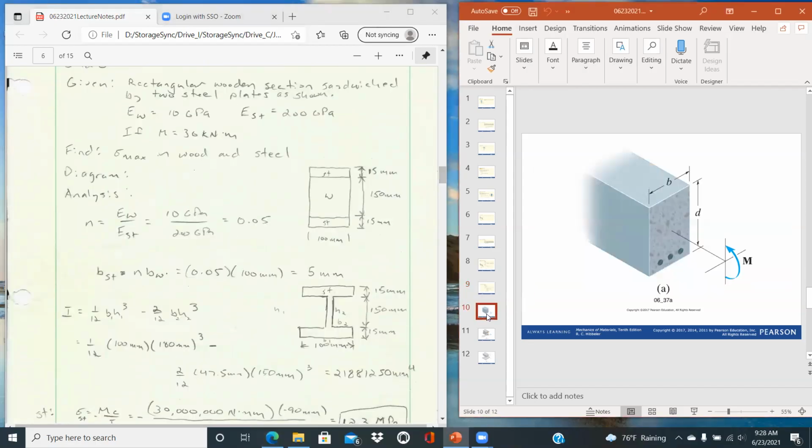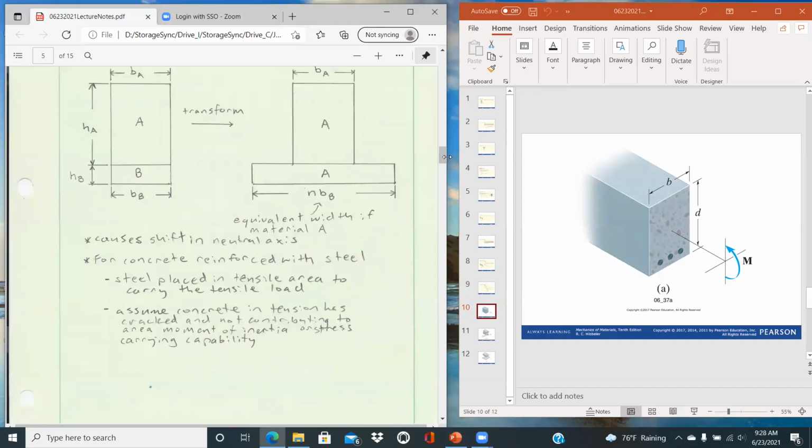Let me see what figures I have. Oh yeah, this explains that well. And so this goes back then to this discussion here. This would be a concrete with the steel rebar running through near the bottom.